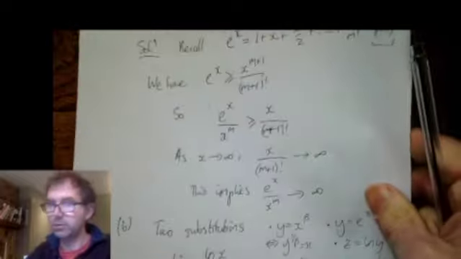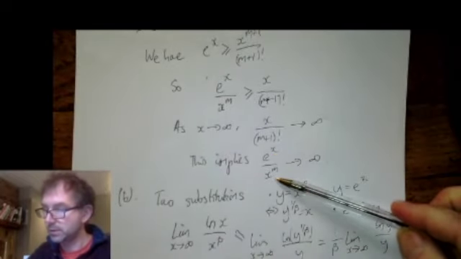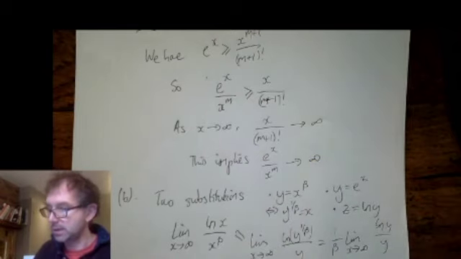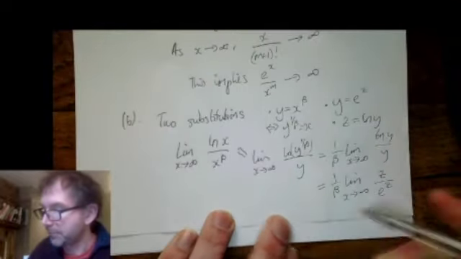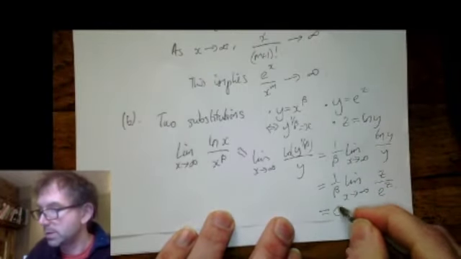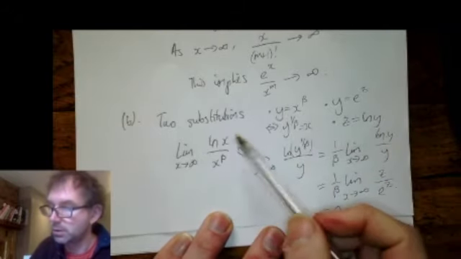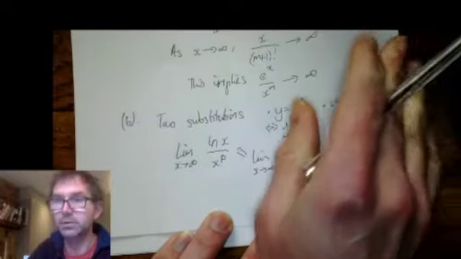Since we've shown earlier that e to the z over z goes to infinity, that's going to say that z over e to the z goes to 0. So this is equal to 0, and that shows us that x to the beta grows faster than log of x.